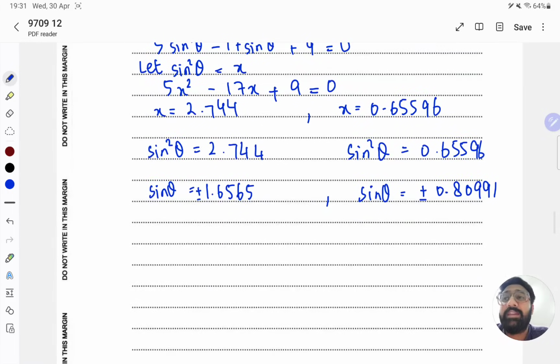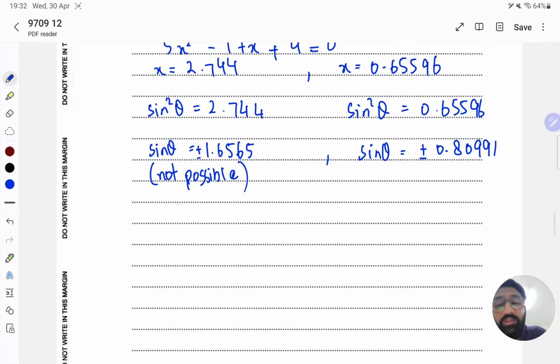We know that the sine value cannot be greater than 1, so we will write not possible. It has to be between minus 1 and plus 1. So we have to solve that portion.